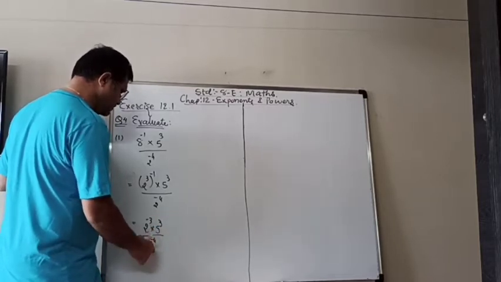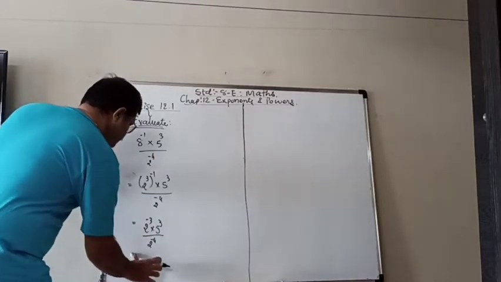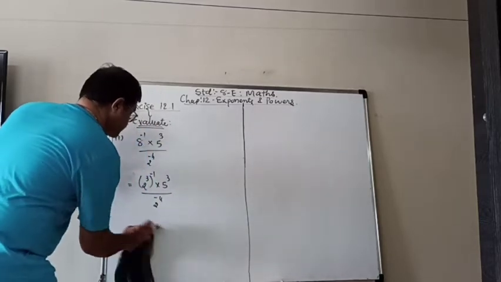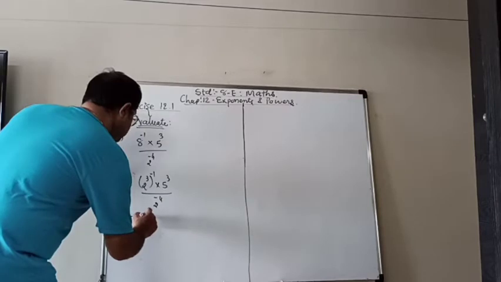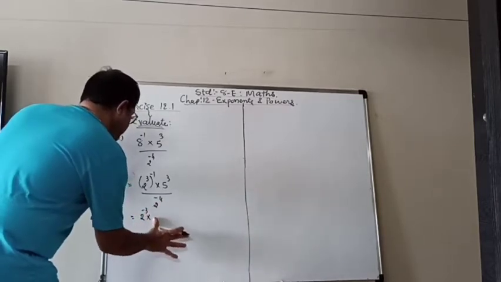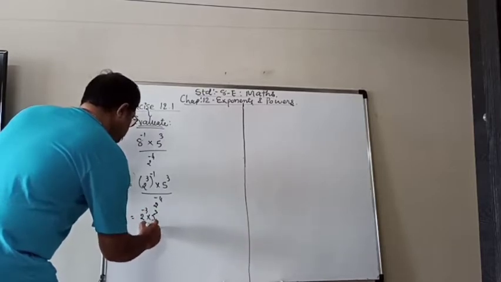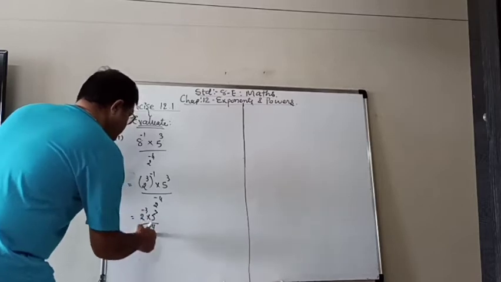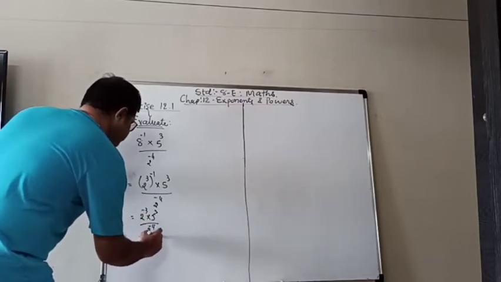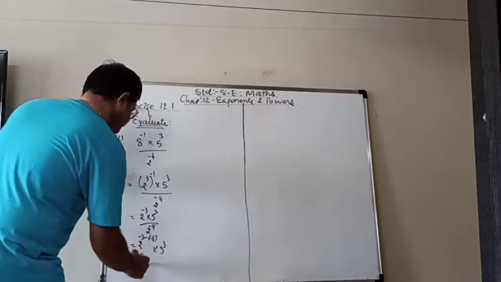So now division is subtraction. So this is equal to 2 raised to minus 3, 5 raised to 3 means 5 cubed upon 2 raised to minus 4. So here same base, so we can apply minus 3 minus minus 4 into 5 cube.